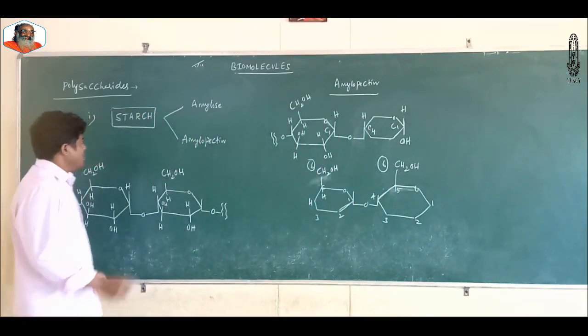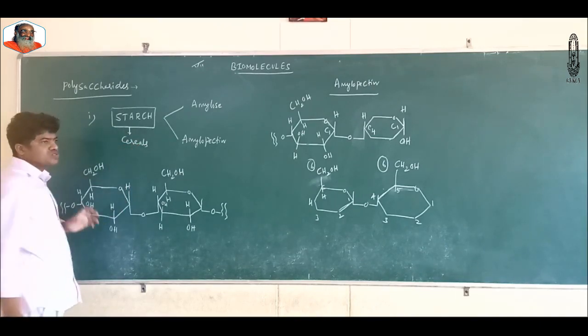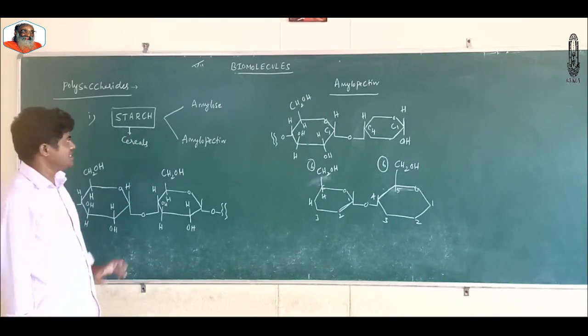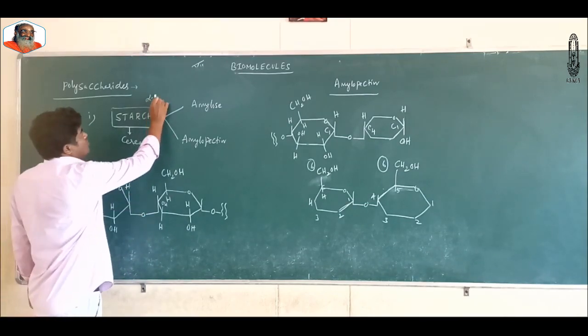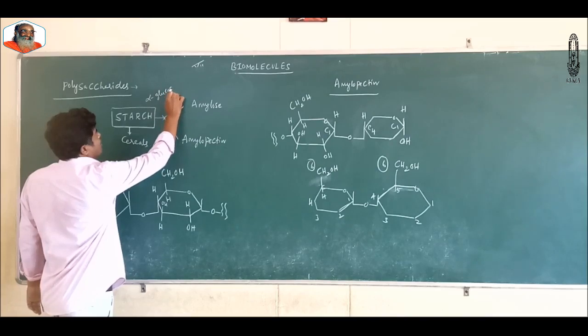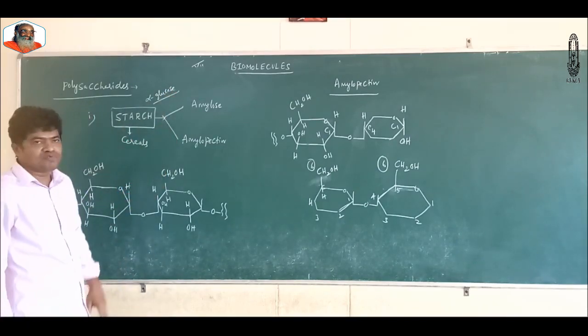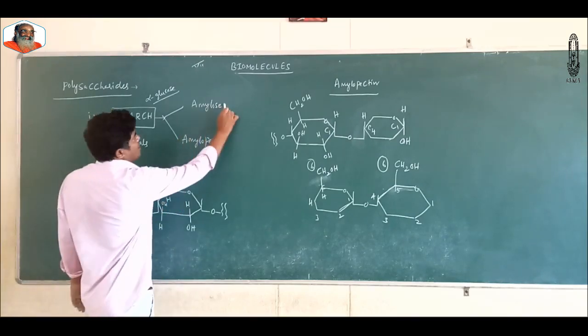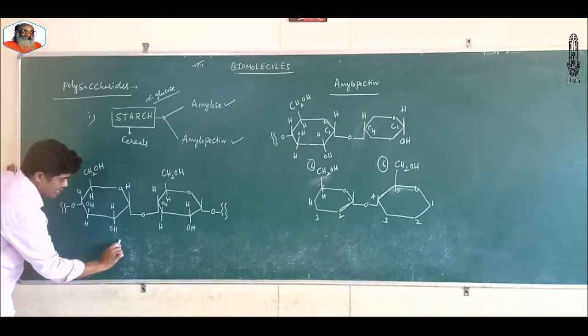Starch is mainly found in cereals, vegetables, tubers, etc. Starch mainly consists of two components: amylose and amylopectin. You see the structure of amylose.